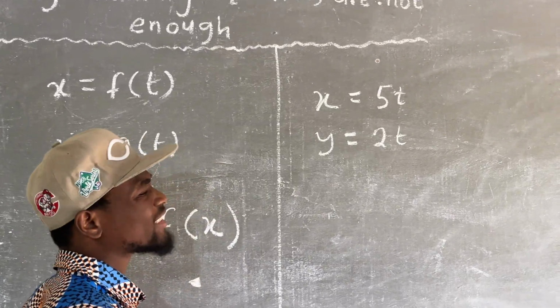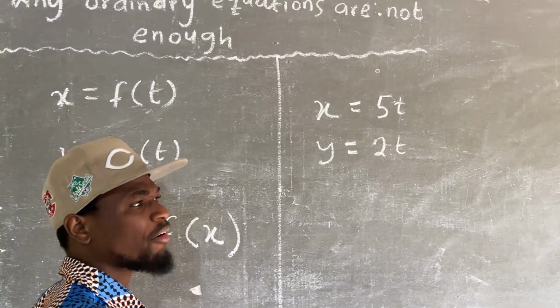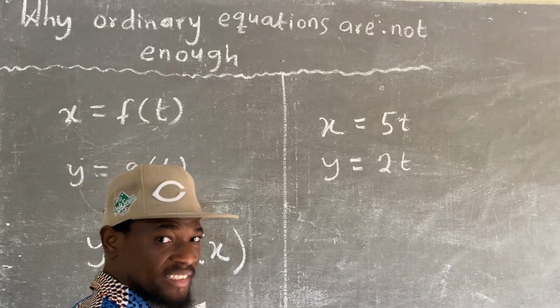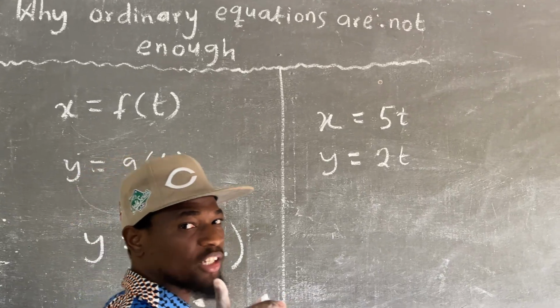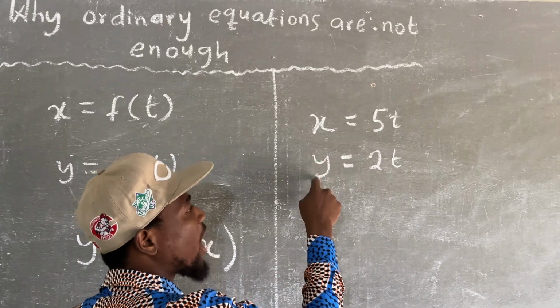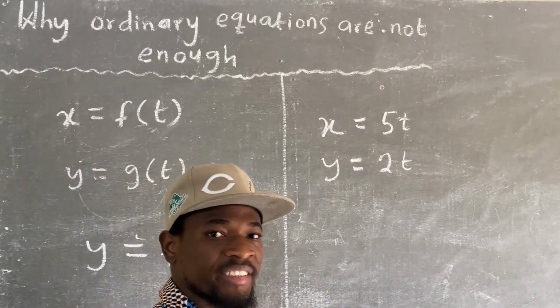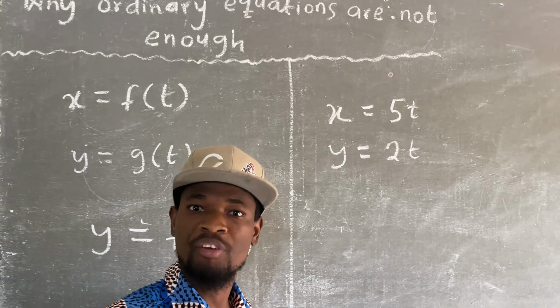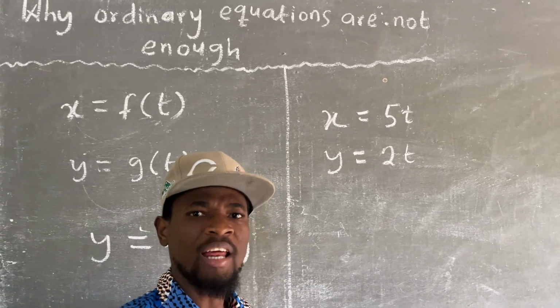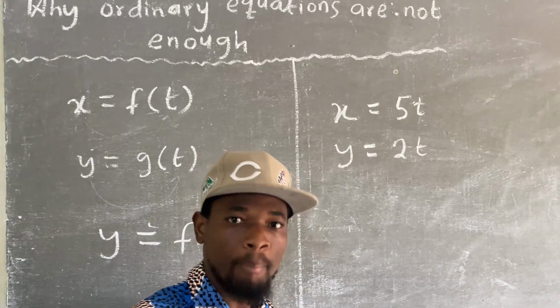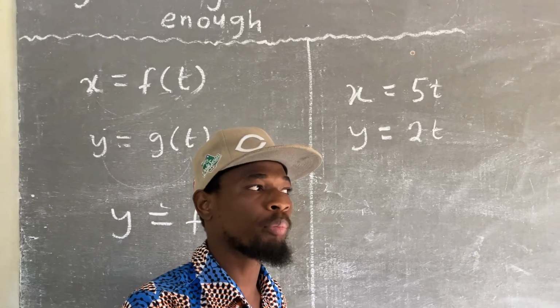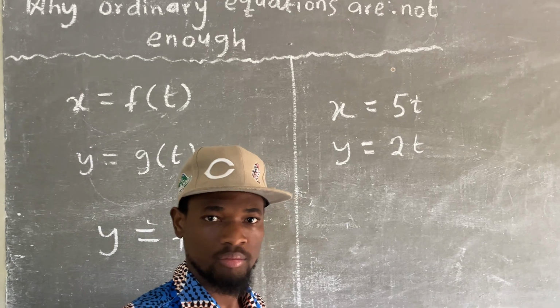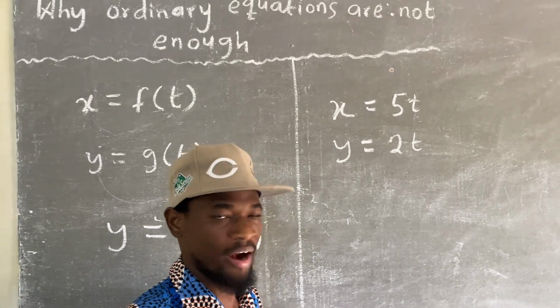Now, let us assume some values for our time t. But before that, note this: x and y represent the position of that moving body, the position of that particle, the position of the object.